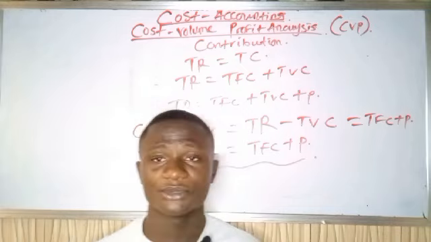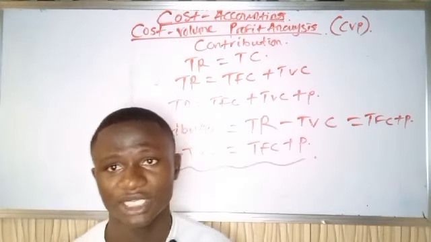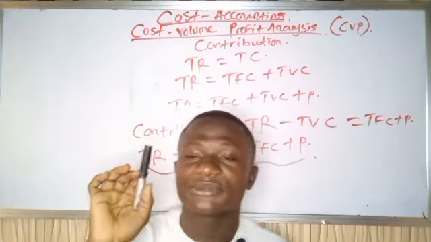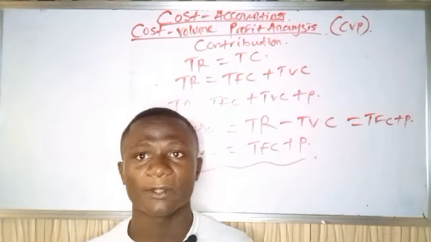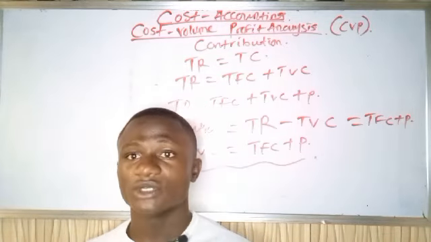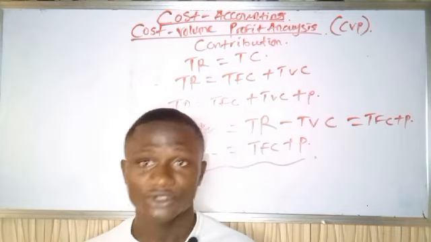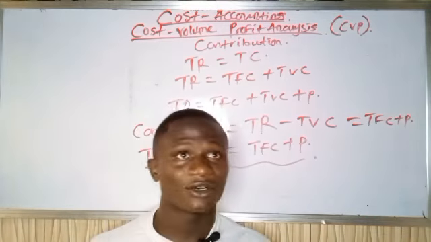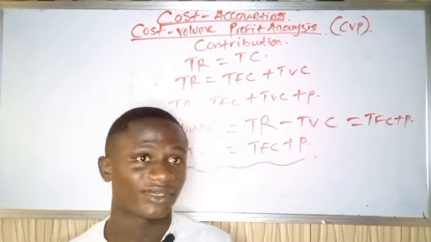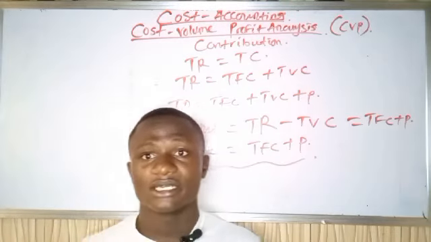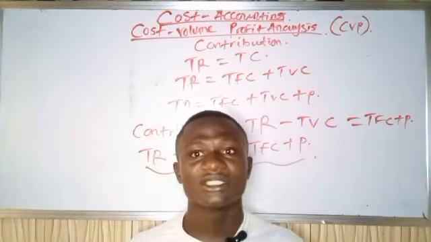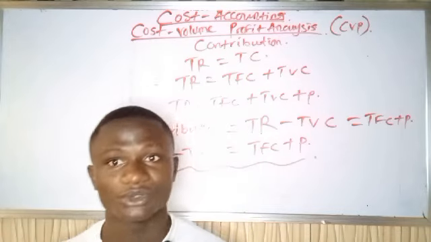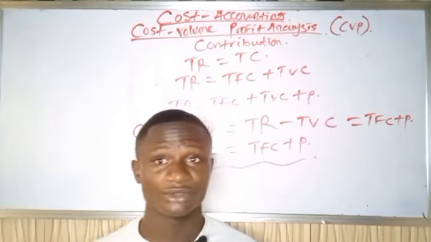Look at this board. Let's say I bought it for $1,000, and for this marker I only spend 100 naira per video. So let's say per video lecture I'm selling for 500 naira, and I'm only buying a marker of 100 naira. So my 500 naira per video lecture minus the cost of one marker, which is 100 naira, gives me 400. That 400 is my contribution.